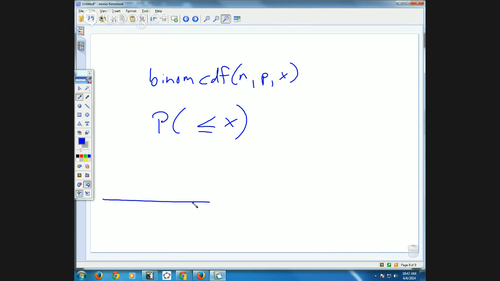So if you were looking at this distribution, it might look like this. Say that's the distribution right there, and x is right there. What the CDF would calculate would be the sum of this column, this column, this column, this column, this column, and that column. That's what the CDF does. It does left tails on the distribution.